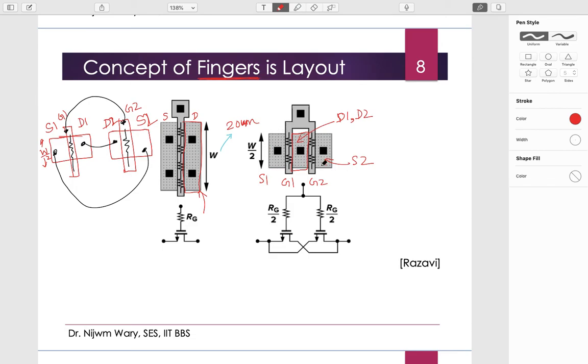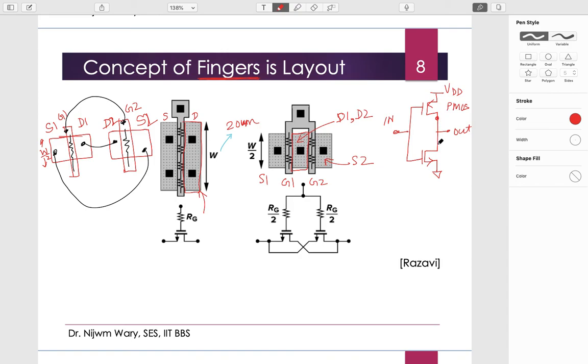But in some situations, the source generally will not carry a signal. Suppose I have an inverter here. This is my PMOS device, this is an NMOS device, this is VDD, this is input and this is output.